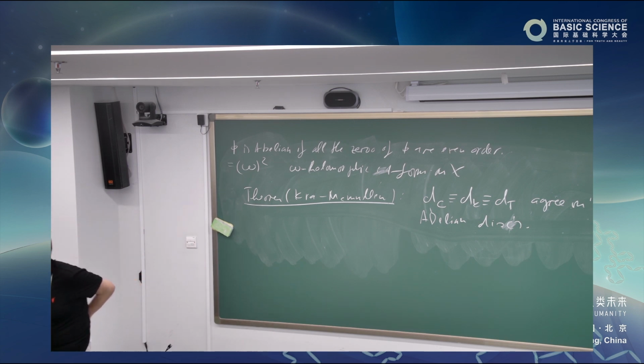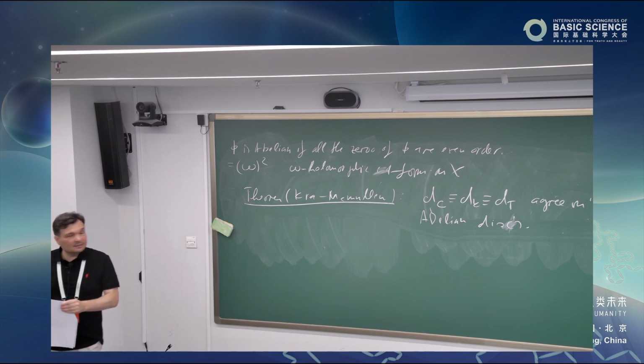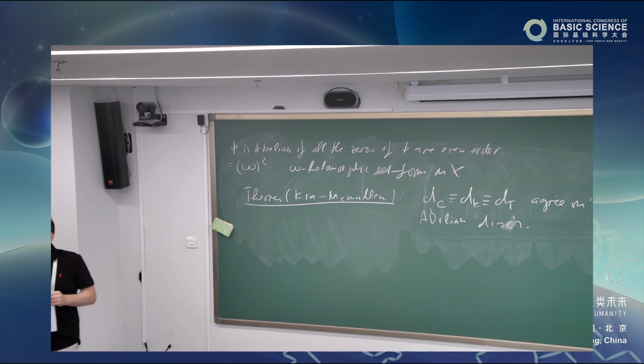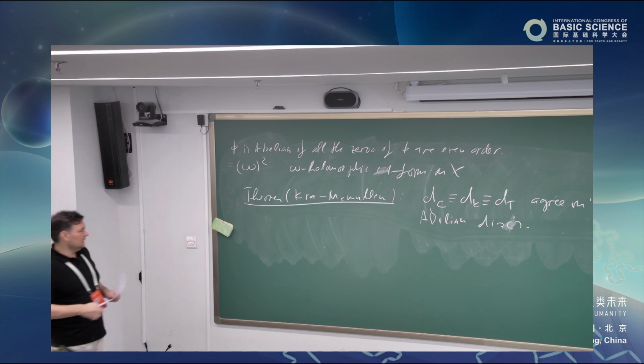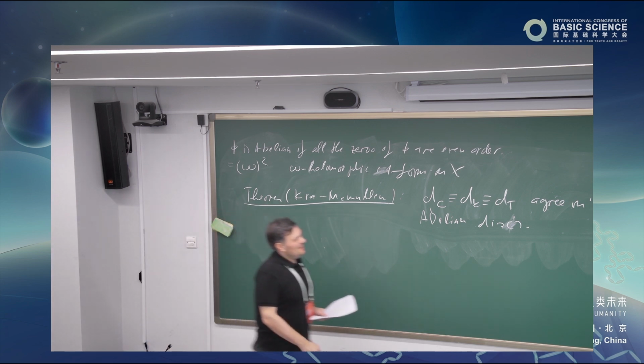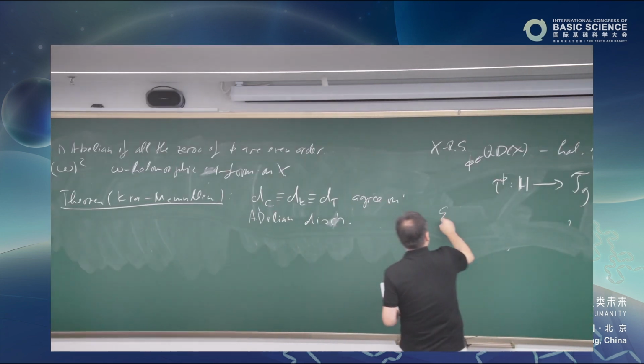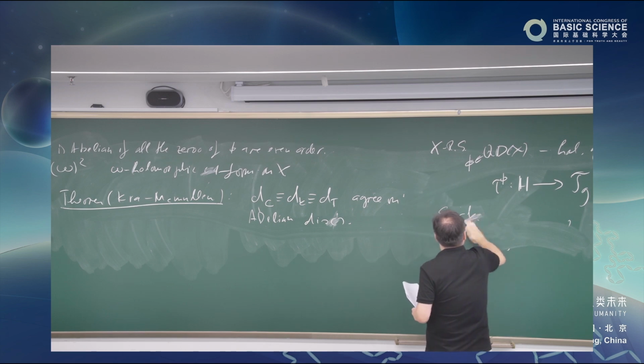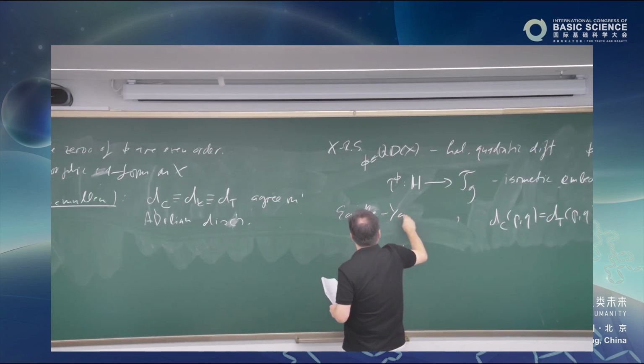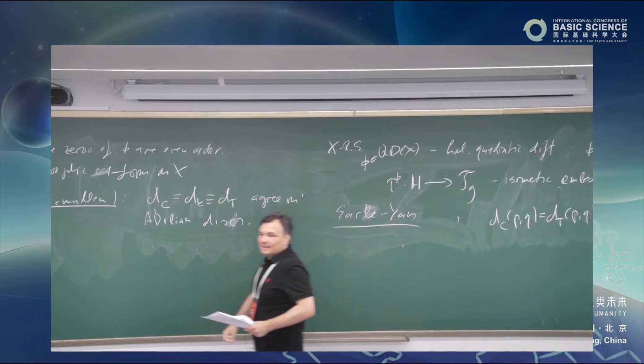Say that again. Right, excellent question. I didn't address it because there's not that much time, but let me answer it. It's a theorem of Clifford Earle. Actually, so many people worked on this field. Earle and Yau proved in the 70s or 80s.